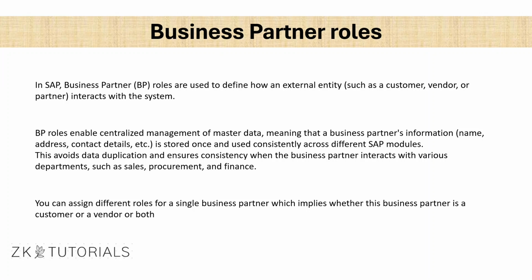So we have two different business partner roles, and two different customer and supplier roles, when the person is different, when the organization is different. When the organization is the same, only one business partner role and one business partner number will be there.